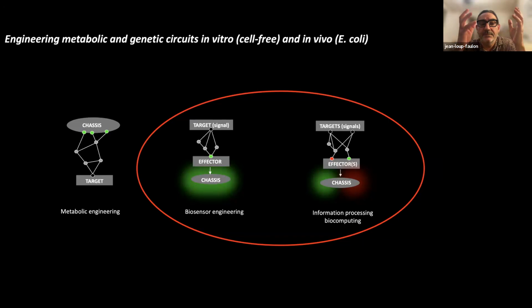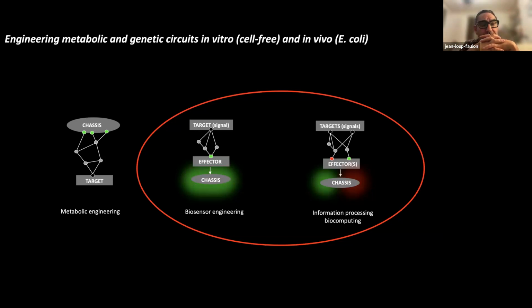Just as a reminder, in metabolic engineering, you have a host organism that we call a chassis. And the goal is to find the enzymes that you need to add to the host organism in order to produce a target molecule. In doing so you are building metabolic pathways, and you can regulate this pathway with genetic circuits.